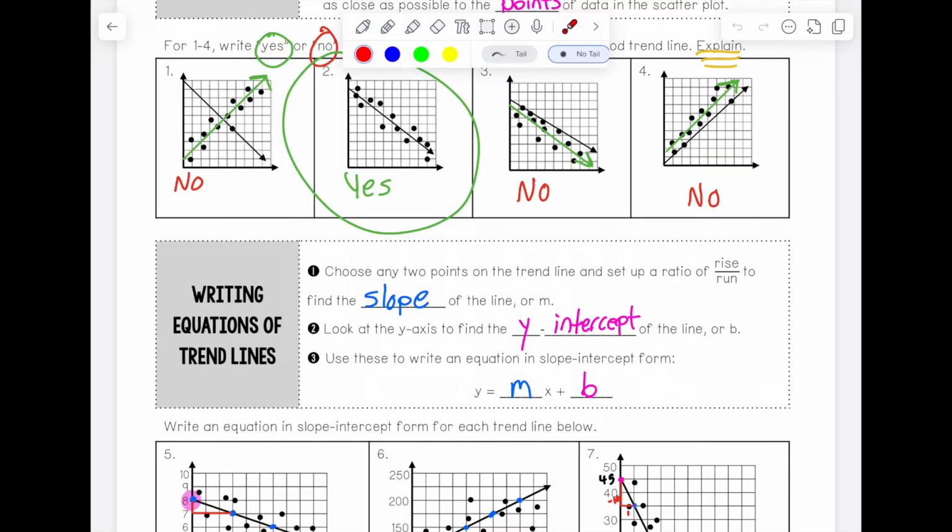We also look at the y-axis to find the y-intercept, the b. And then lastly, you use the slope and the y-intercept to fill in your y equals mx plus b equation.